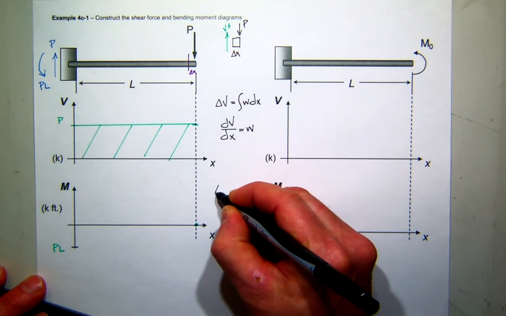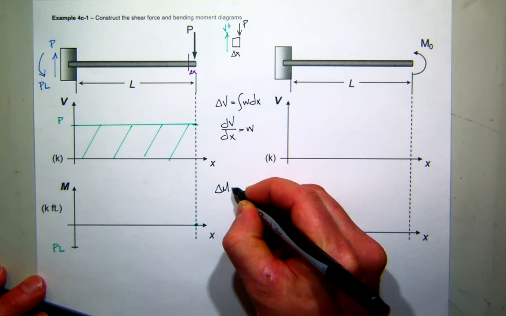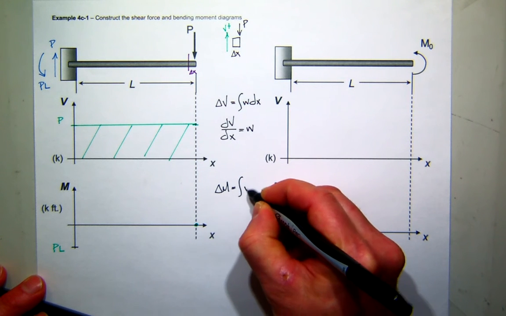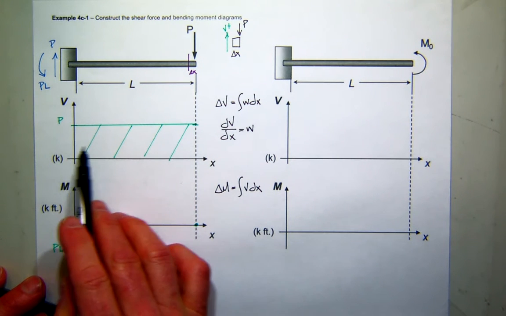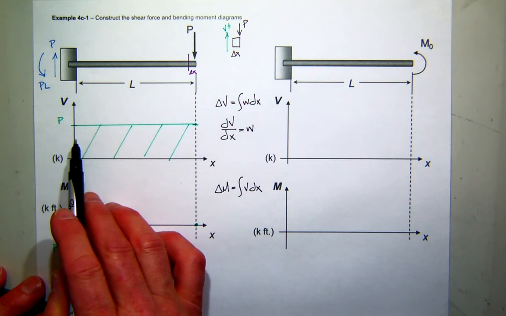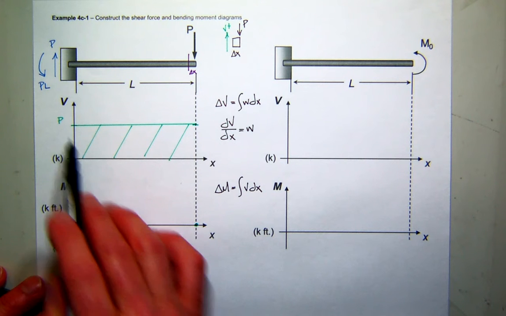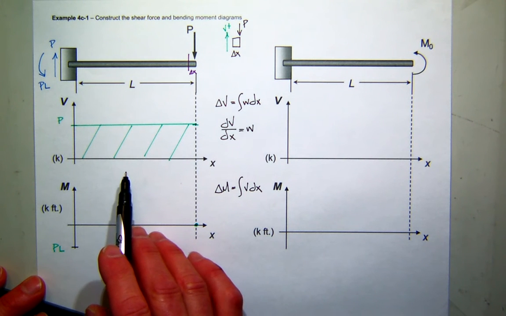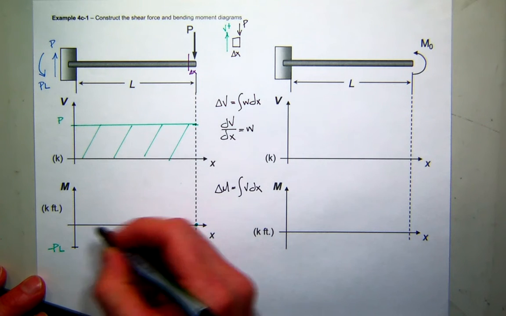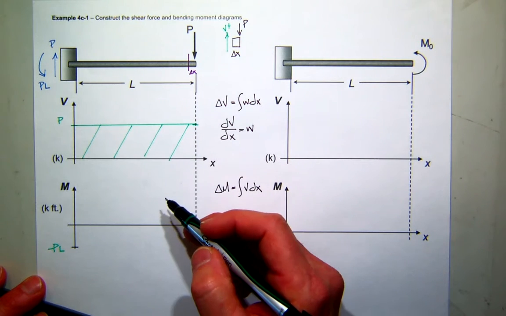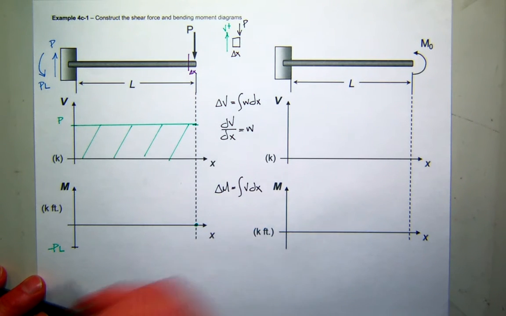According to our relationships, the change in moment is the area under the shear diagram. So what is the area under our shear diagram? Looks like it's positive P times L. So if I start at negative PL and I add PL, what do I get? 0.